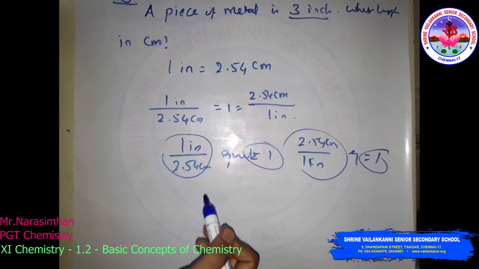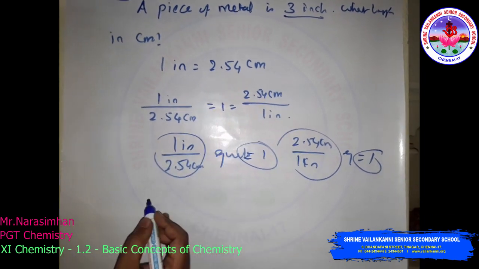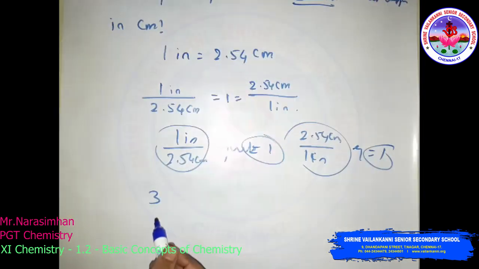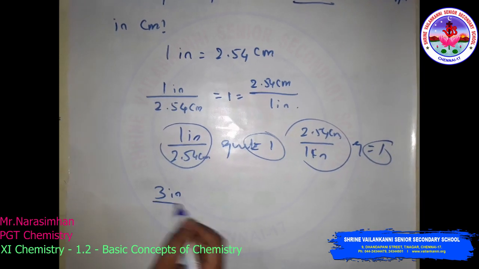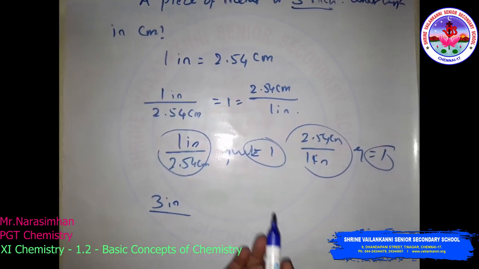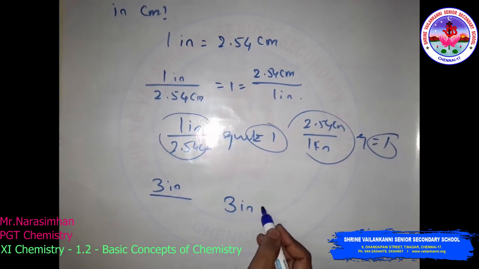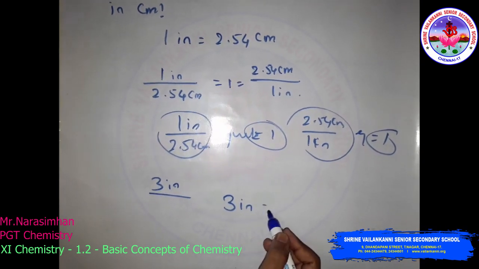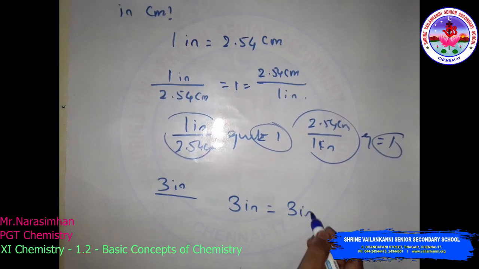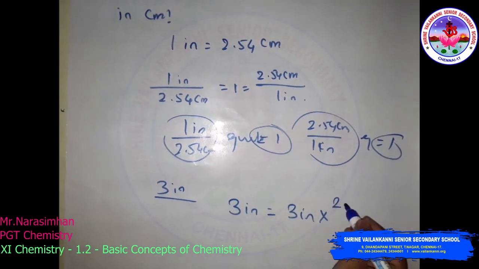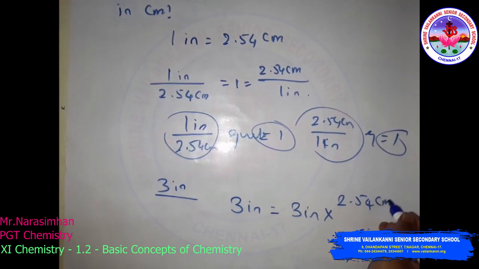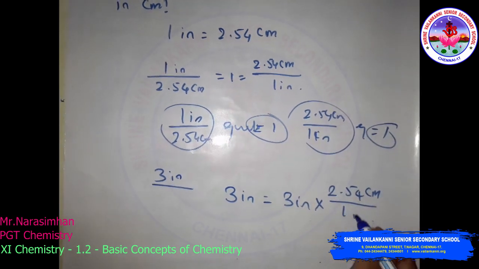If a number is multiplied by this unit factor, that means multiplied by 1. So in the given example, suppose 3 inch converts to centimeter. That means 3 inch equals 3 inch into 2.54 centimeter divided by 1 inch.